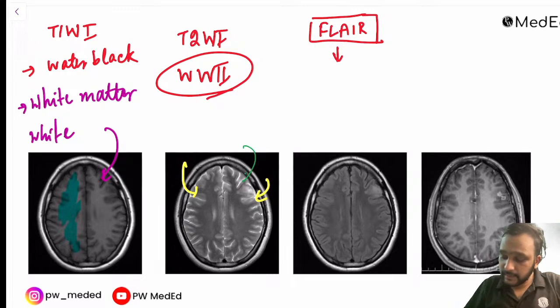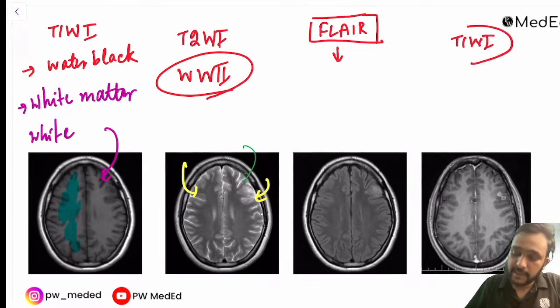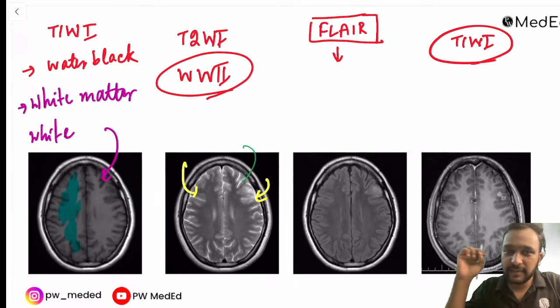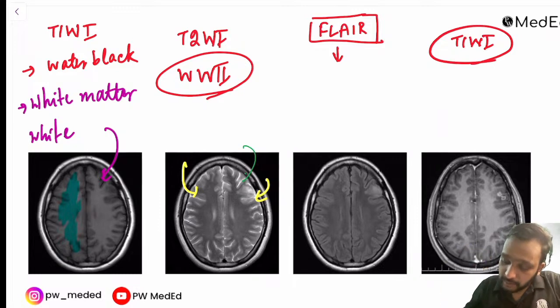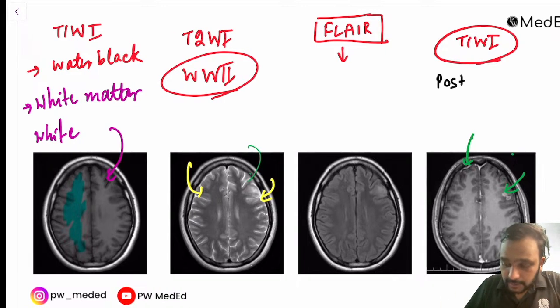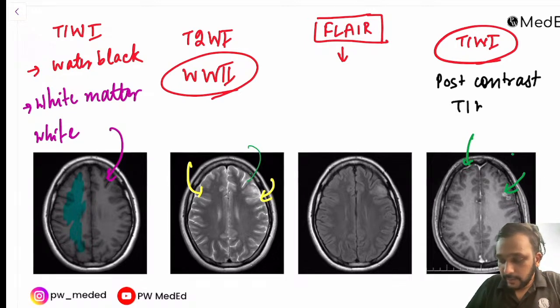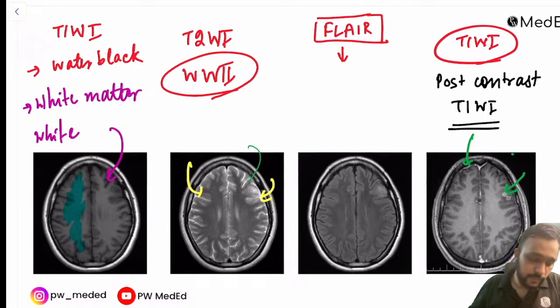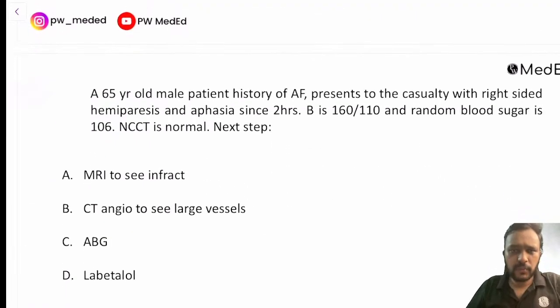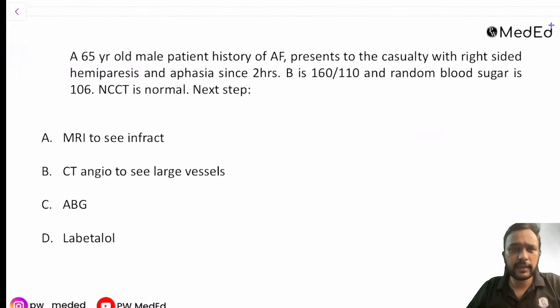And in the third image, it is again a T1 weighted image. Why? Because your water is appearing dark, your white matter is appearing bright, and you can also see enhancement along the meninges. You can see ring enhancing lesions. So this is a post contrast T1 weighted image, right?